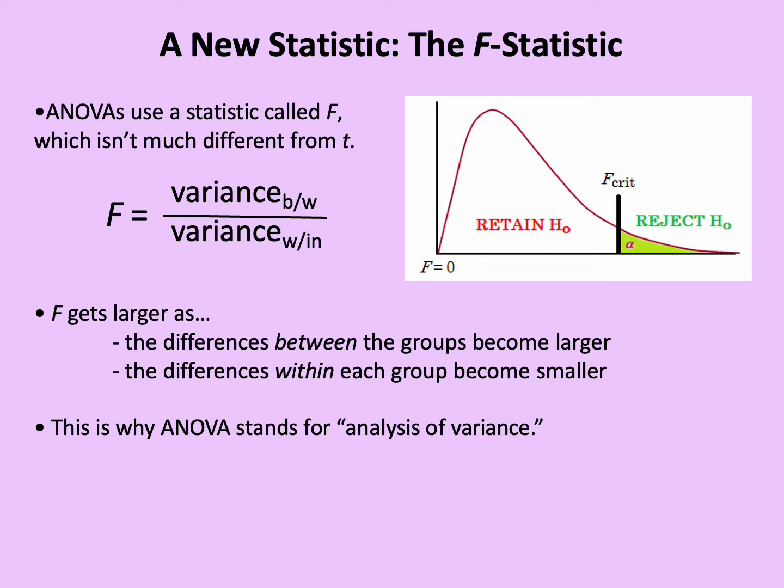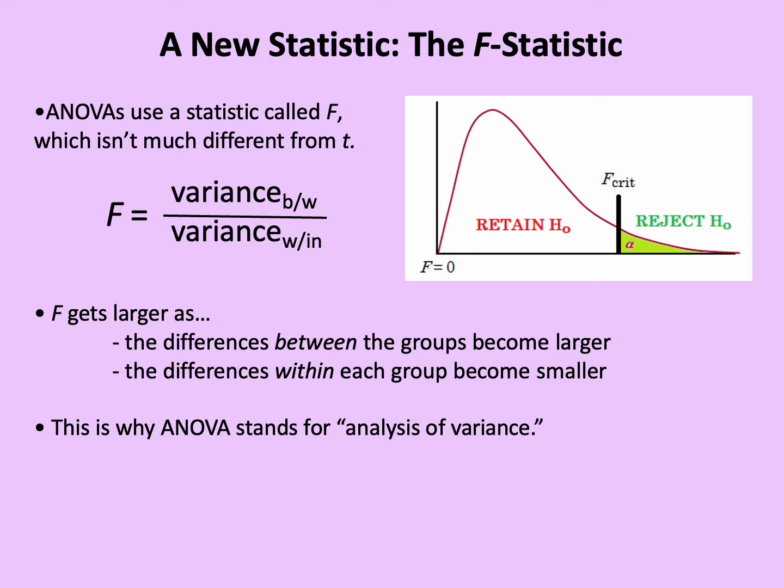And the formula for F is actually quite simple. It is a simple fraction: the variance between groups over the variance within groups. So we're essentially looking at the dispersion of scores about the mean, between groups of people and also within the same groups of people.